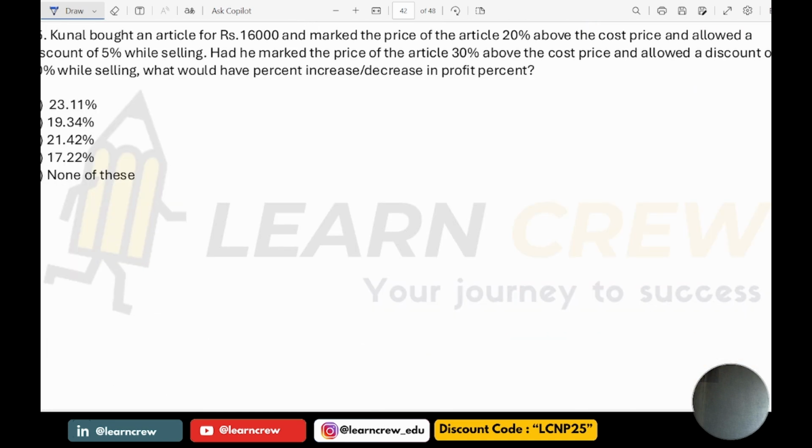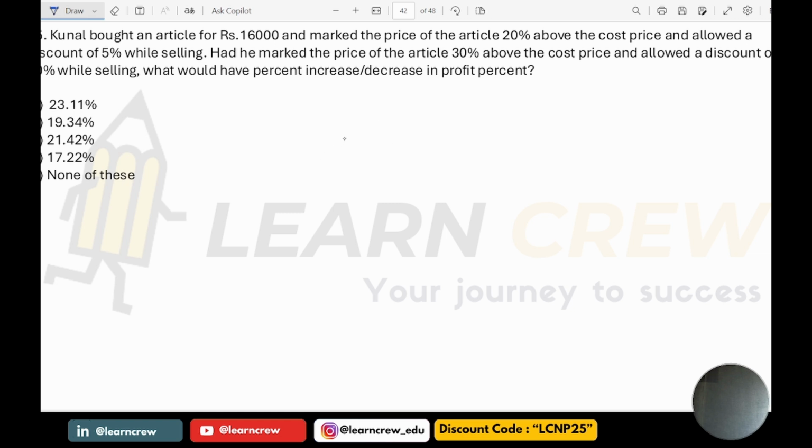35th question. Kunal bought an article for 1600 rupees and marked the price of the article 20% above cost price and allowed a discount of 5% while selling. Had he marked the article 30% above the cost price and allowed a discount of 10% on selling.